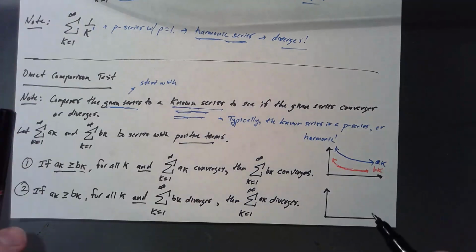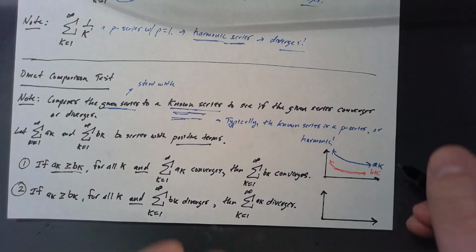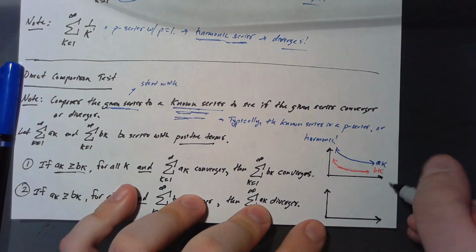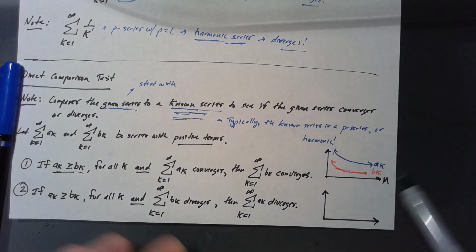And if I know that a of k converges, so let's say this horizontal axis right here is my value m, right? So if a of k converges to m, then what do I know here?